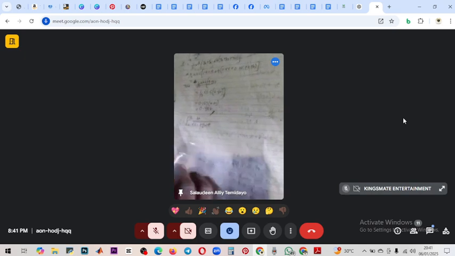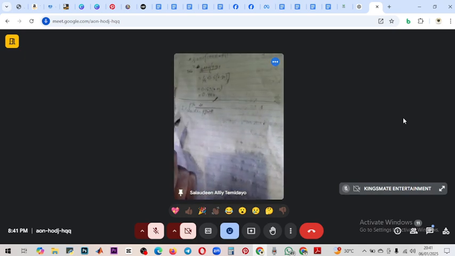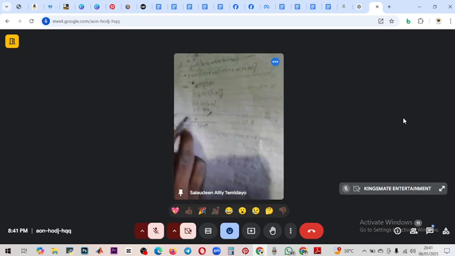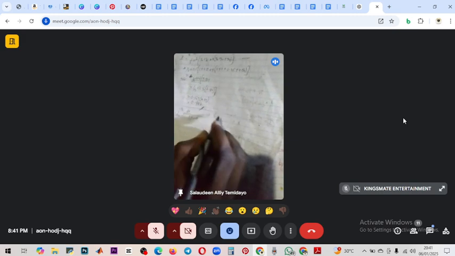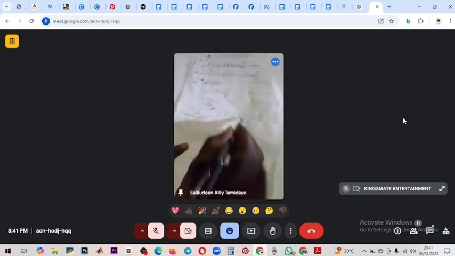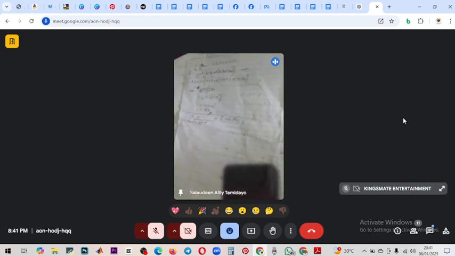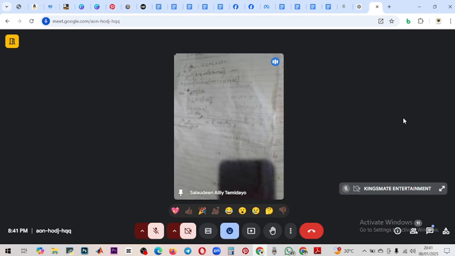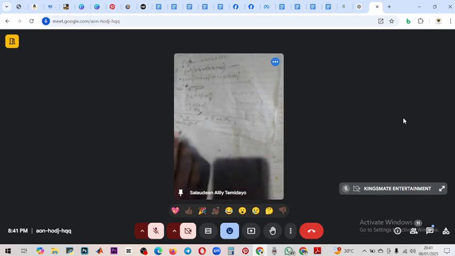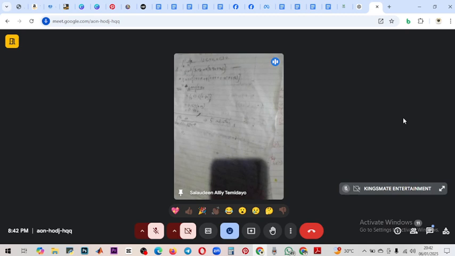So to do this now, let's say you are given to use 5 ordinates between 0 and pi over 2. Who can tell me what to do? So the first will be 0, right?